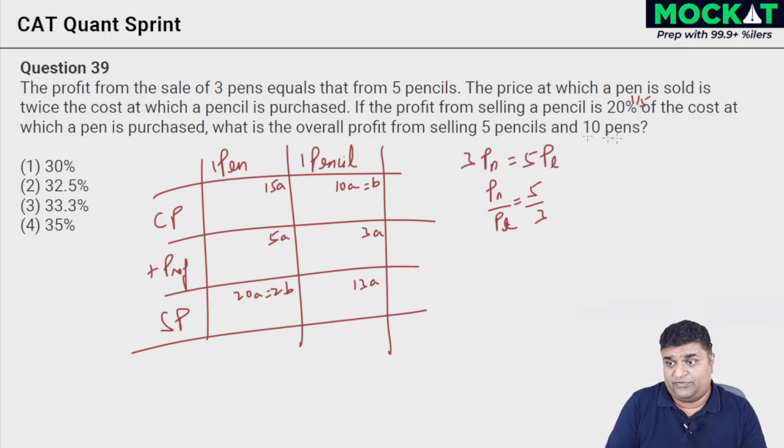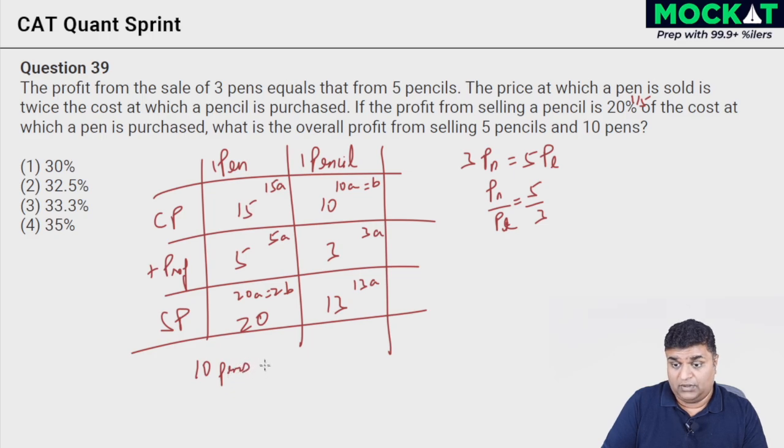What is the overall profit from selling 5 pencils and 10 pens? Ignore the variables. Just write 15, 10, let A be 1. And 5 over here and we get 20. By selling 10 pens and 5 pencils, right? Read it the correct way. 10 pens and 5 pencils.